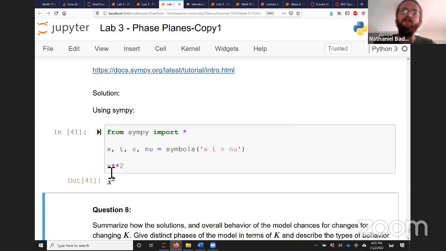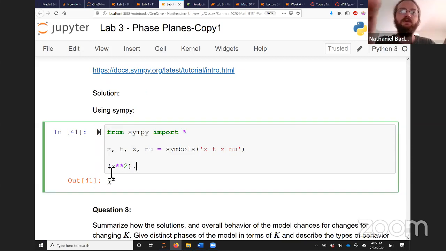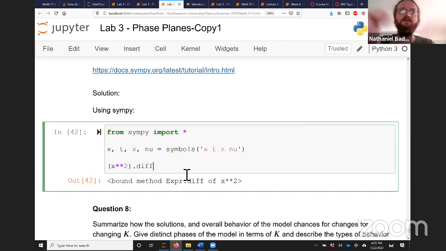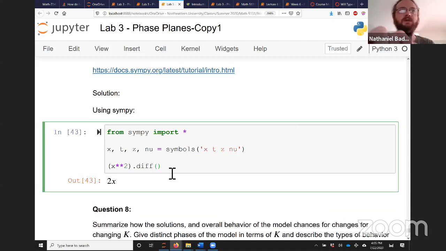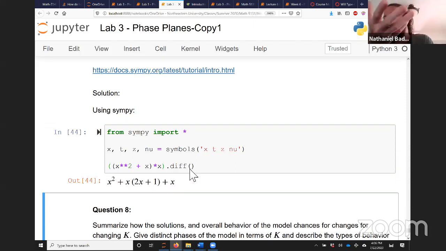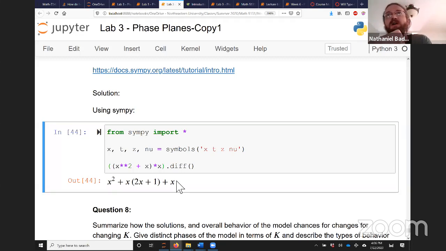I think this will even diff. There we go. So it takes the derivative there, plus x times x, great. It does everything. It'll do things symbolically, and it plays nice with Jupyter's TeX output.